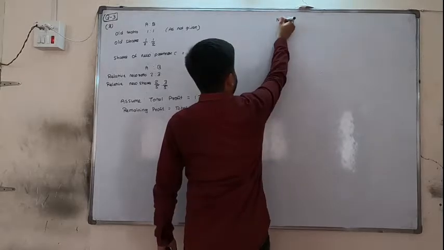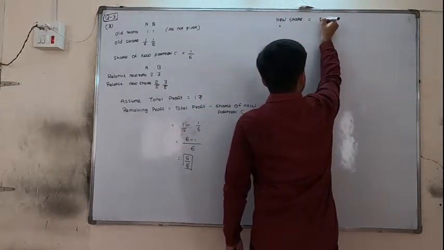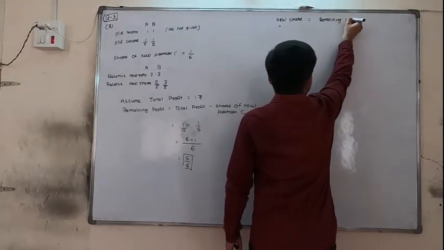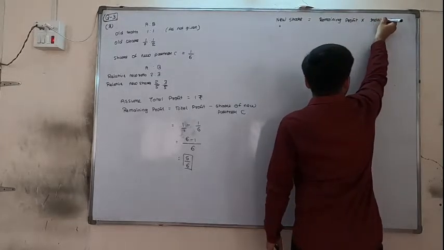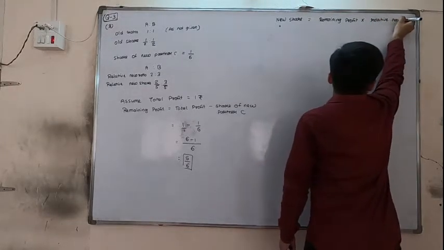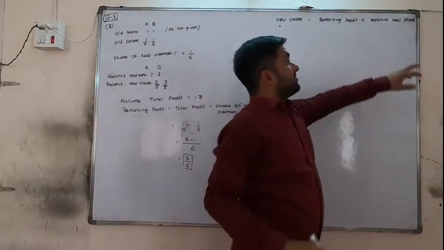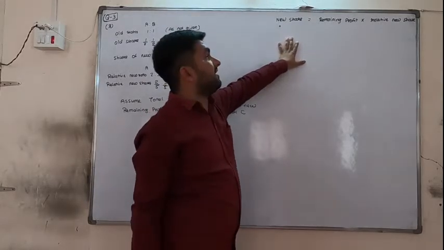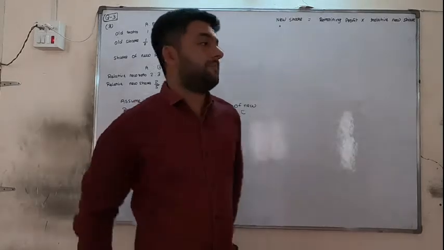Next, now we will find the new share. New share is equal to remaining profit multiplied by relative new share. See, you have to understand the difference. This word is also new share, that word is also new share, but the difference is that this is relative. Relative means excluding C.